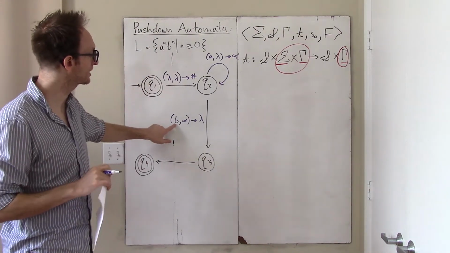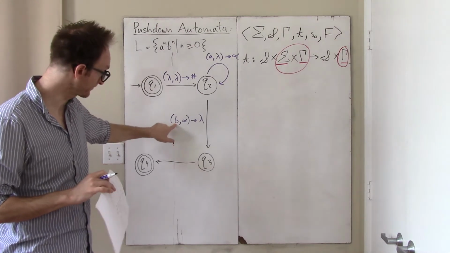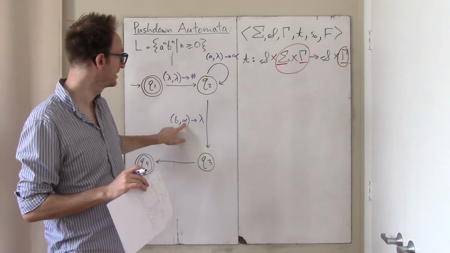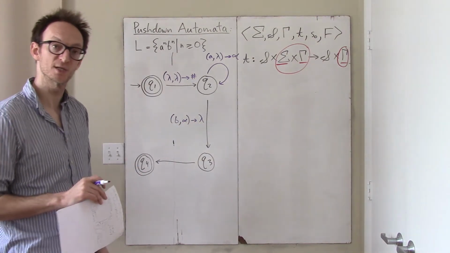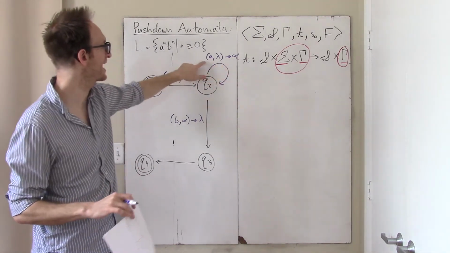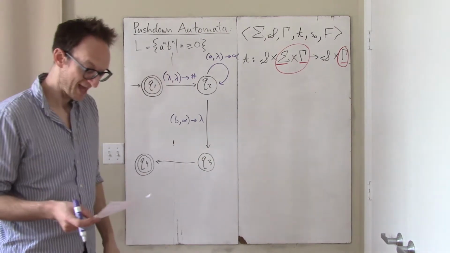For each input character B from my input string, I should pop off of the stack an alpha and push the null string, which is to say push nothing. More casually, I am pushing an alpha for every A that I read, then I pop an alpha for every B that I read.